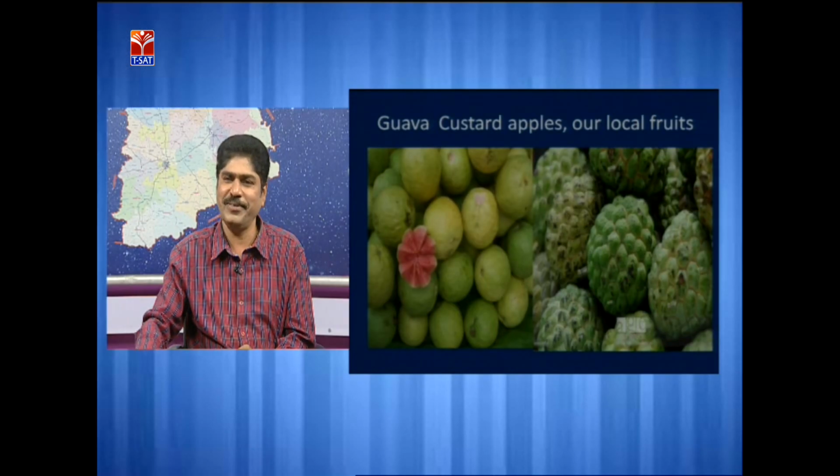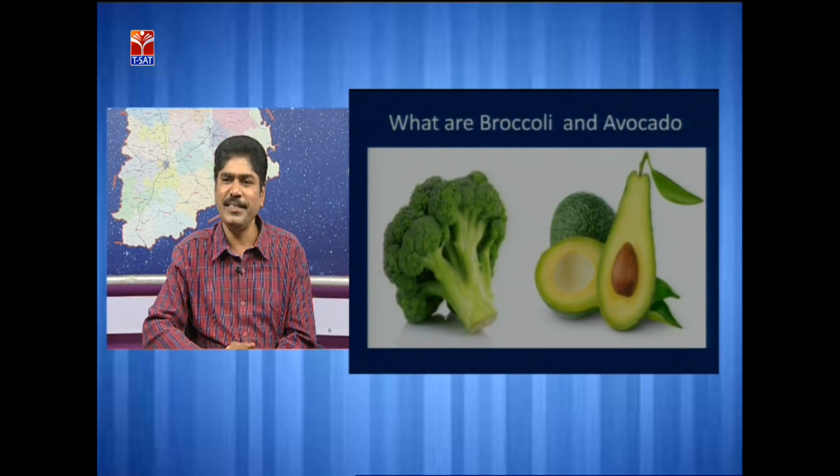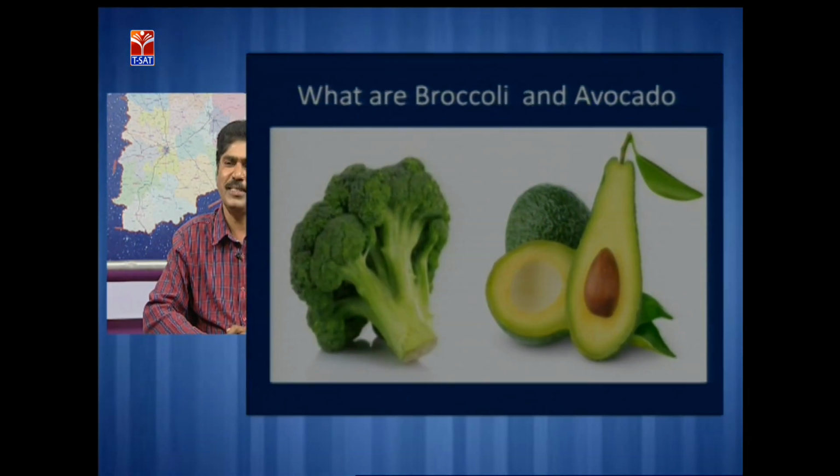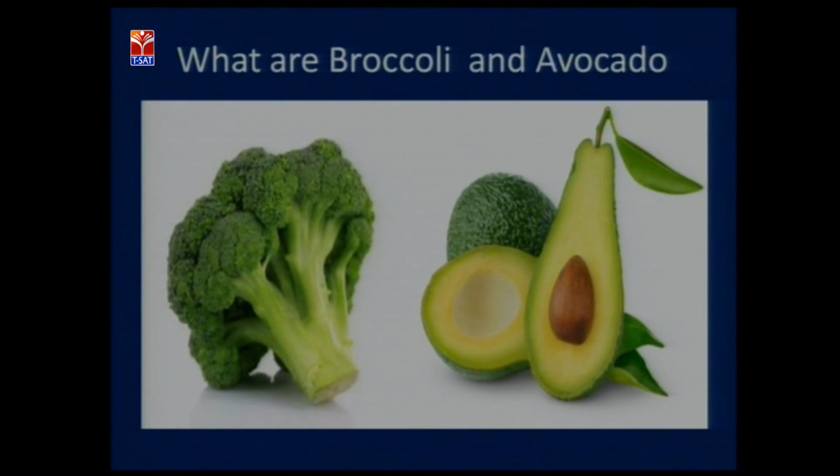This vocabulary, custard apple, you have to teach to your students. Broccoli and avocado are vegetables they don't see in their local markets. You need not teach such things. We give practice to our students to teach vocabulary.